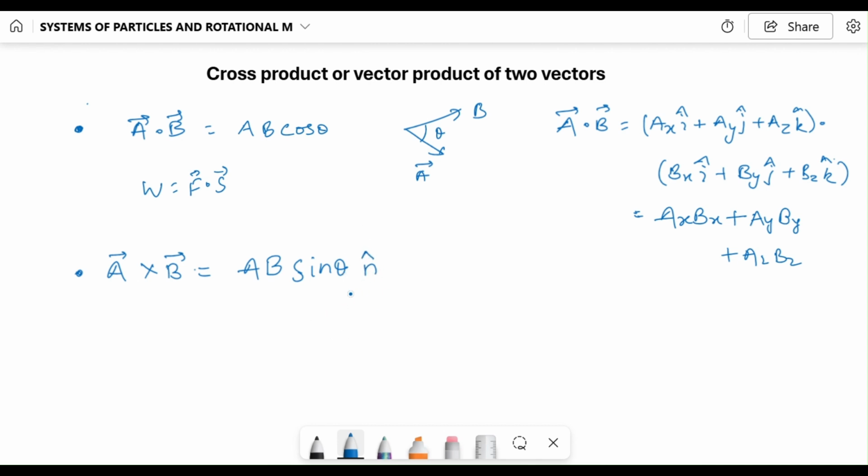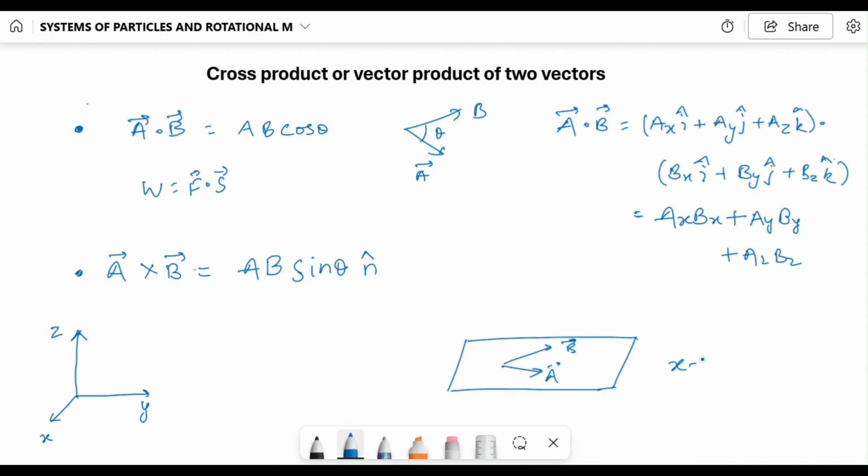Let me draw a coordinate axis here. Let's say this is the x coordinate, this is y, this is z, and there are two vectors, vector A and vector B, lying in the xy plane.